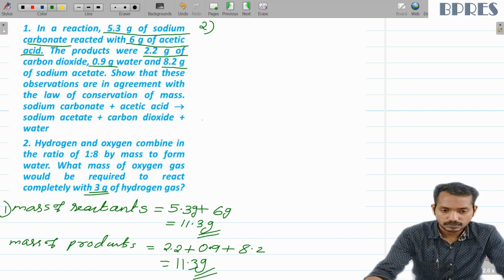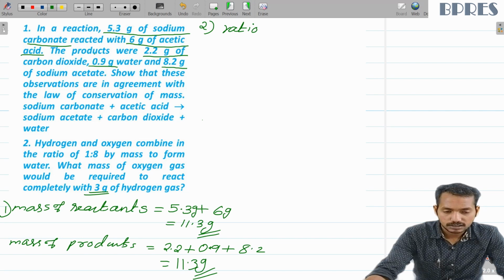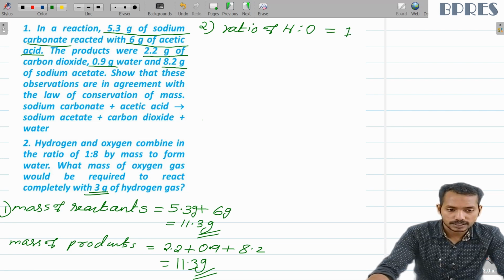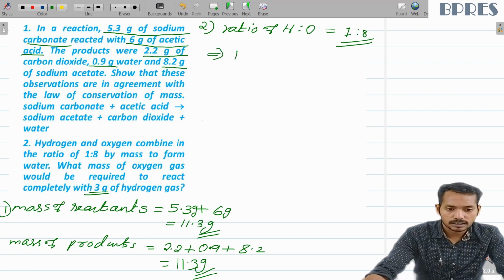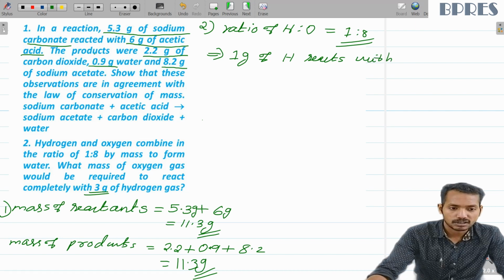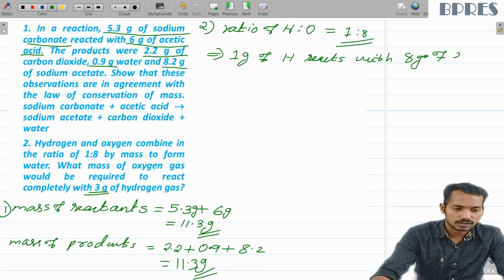So here the ratio of hydrogen to oxygen is 1:8. Clear? That implies 1 gram of hydrogen reacts with 8 gram of oxygen.